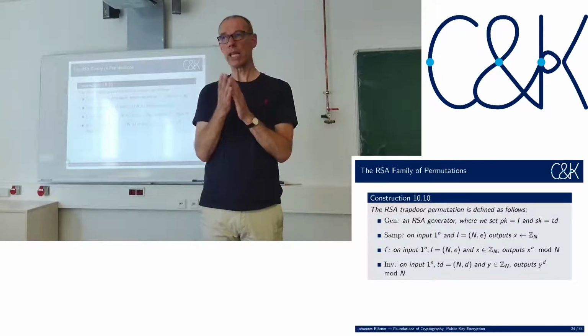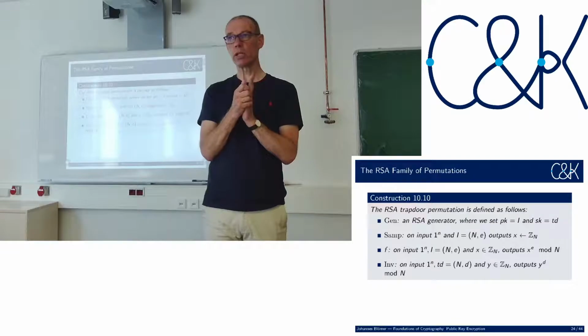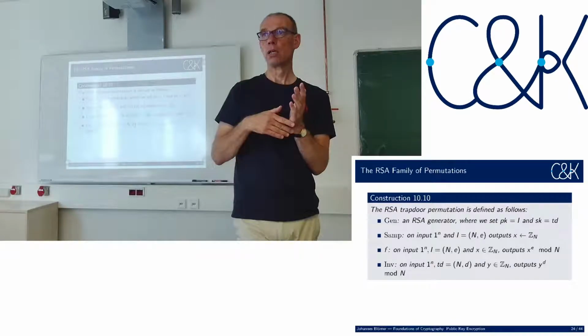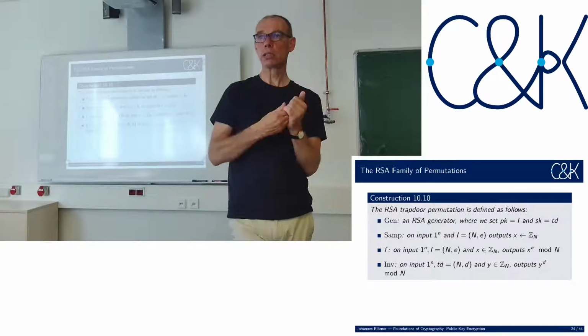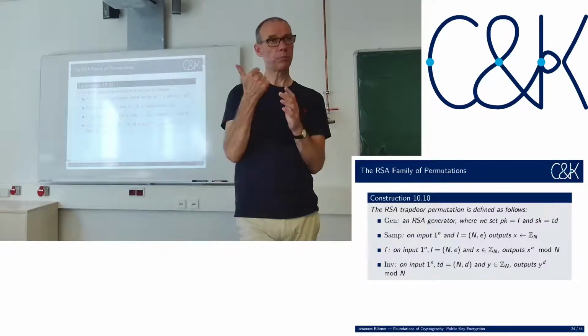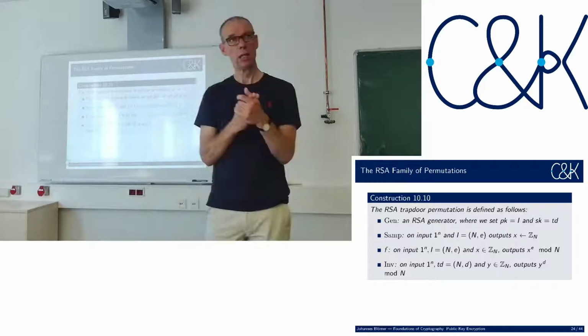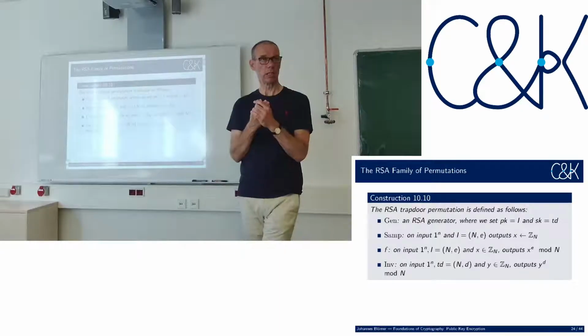Remember, a generator is an algorithm that generates RSA keys: the primes P, Q, the product N, E, and the D. Forget about the D for a while.